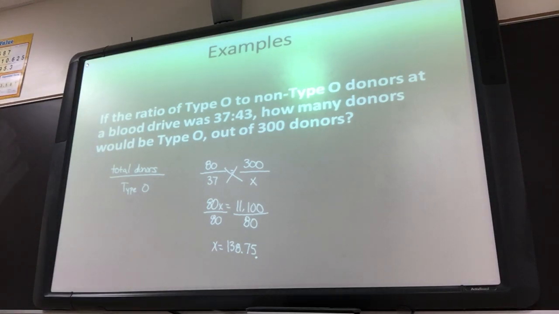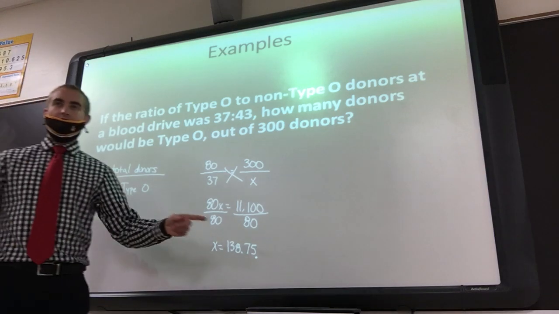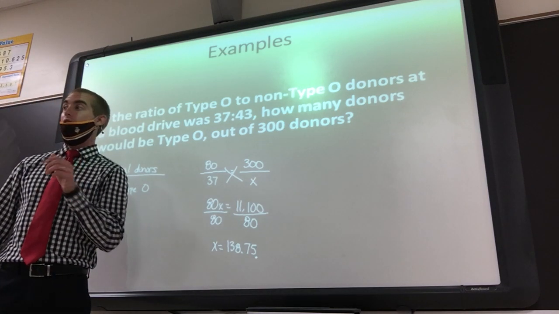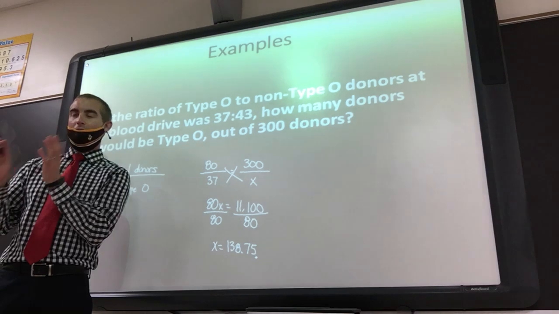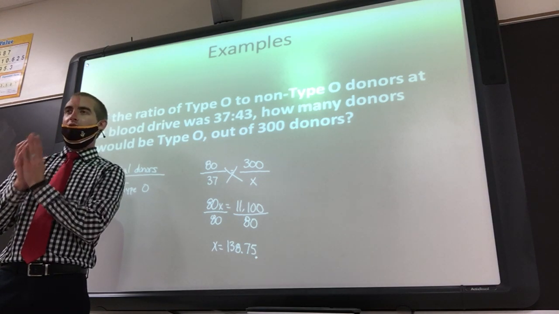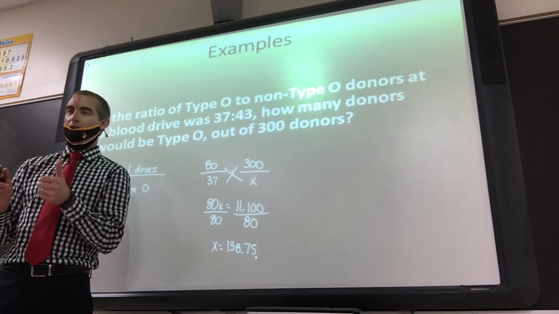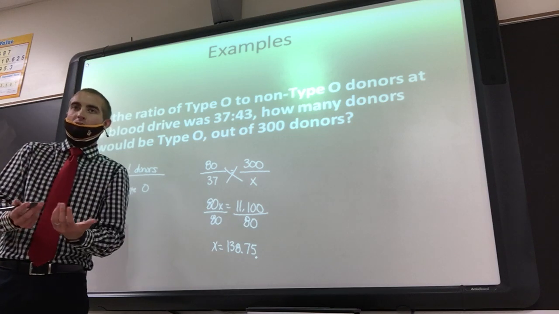Donors are what? Type O donors. Well, a donor is what? It's a person, right? Okay. Can you have 138.75 people? So what should we do with this 138.75? Round it up. Yes. Anytime you're talking about people or animals, if you have a decimal, you always round up because you've got to account for that extra person.